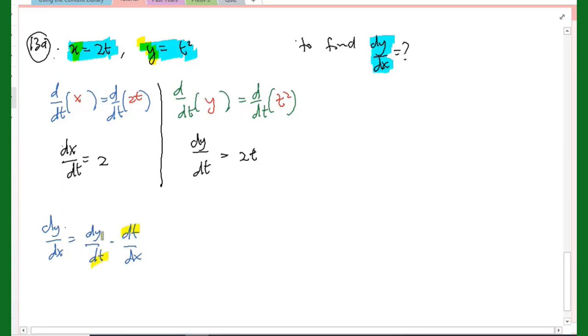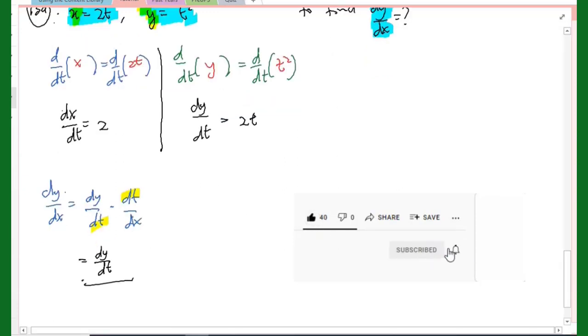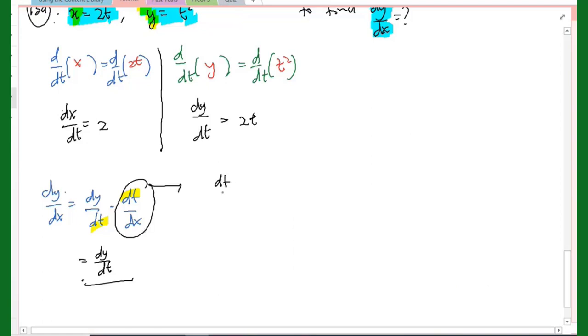If we adjust this, dt/dx is equal to 1 over dx/dt. So now it is dy/dt times 1 over dx/dt.